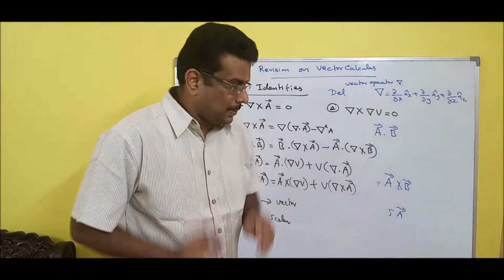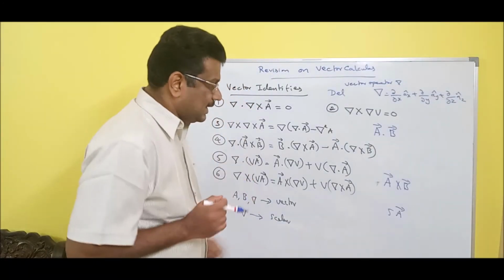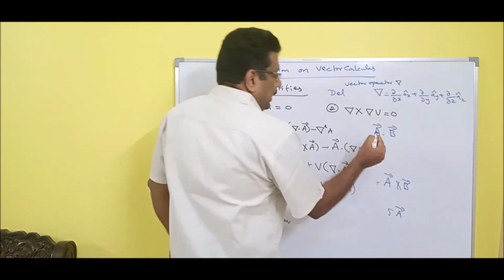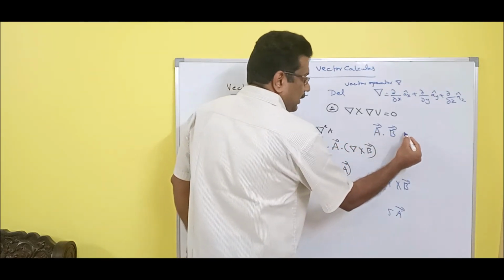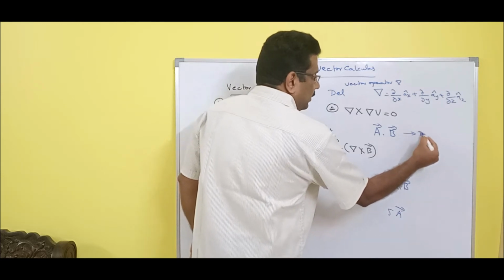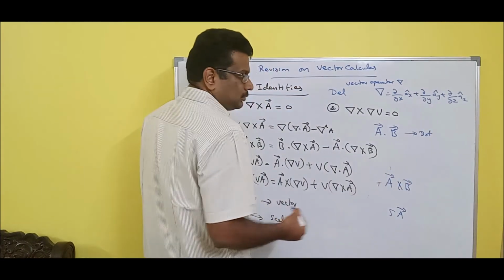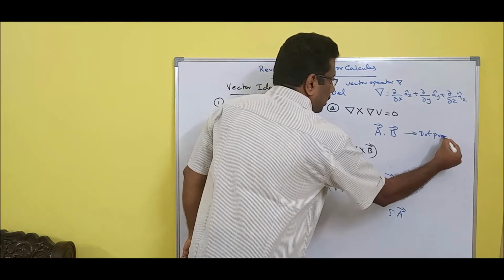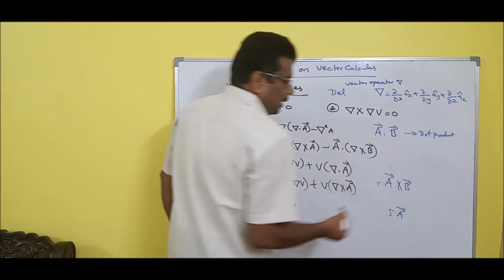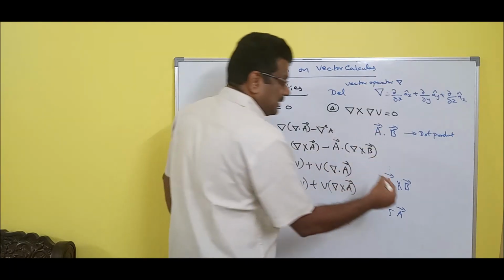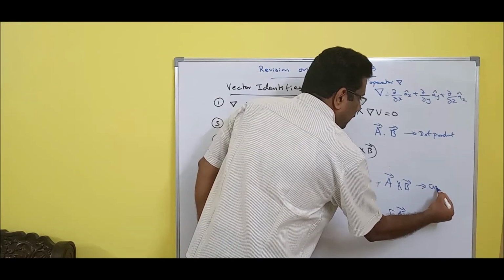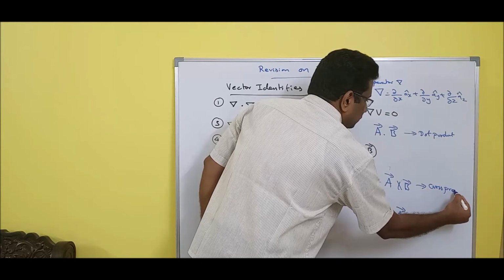Please remember. Now carefully listen. If I multiply two vectors with the dot, you call it the dot product. If you multiply two vectors and the result is a vector, we call it the cross product.